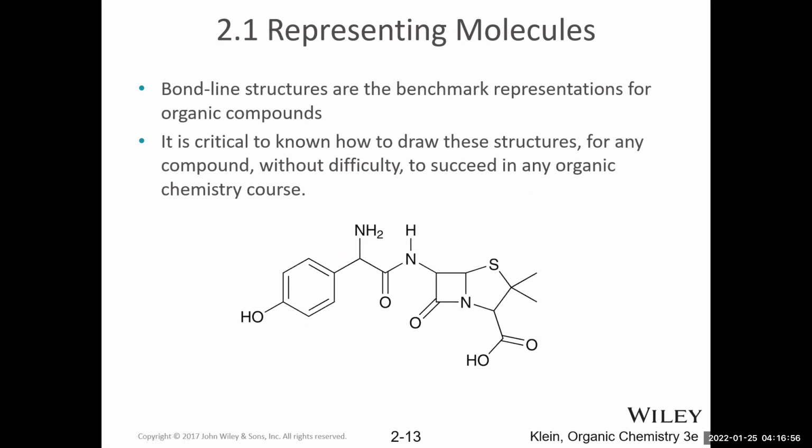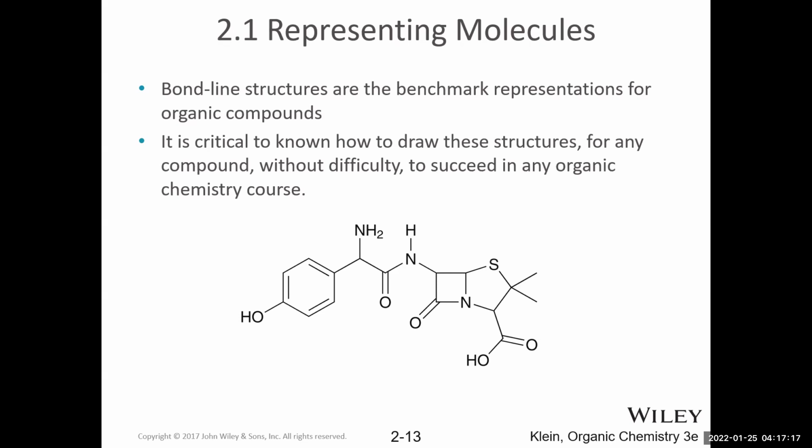Bond line structures are really going to be the way we represent structures from now until the end of when you're learning organic chemistry. We call them the benchmark representations because they're the most important representation that we'll use from now on.